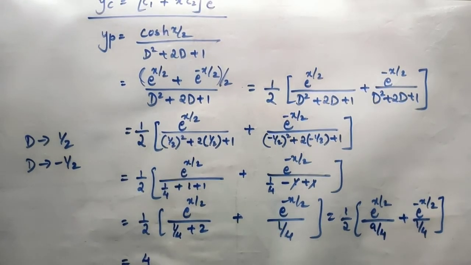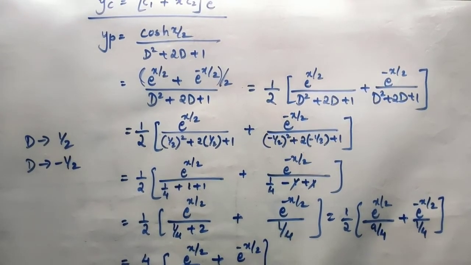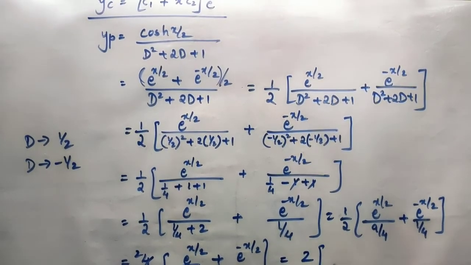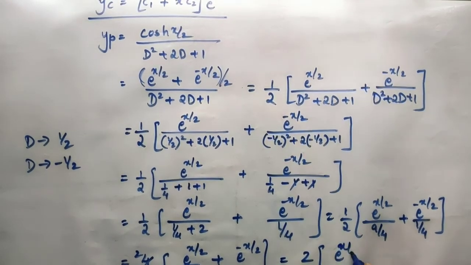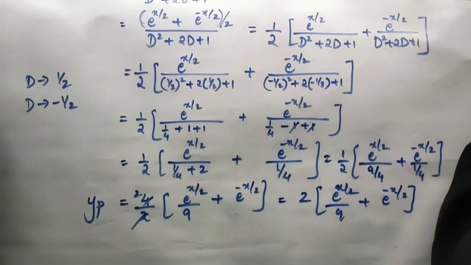So 4 by 2, e to the power x by 2 divided by 9, plus e to the power minus x by 2 into 4. I hope you have understood how the 4 has come out. So you will get 2. So 2 into e to the power x by 2 divided by 9, plus e to the power minus x by 2. This is your YP. Okay, this is your YP.